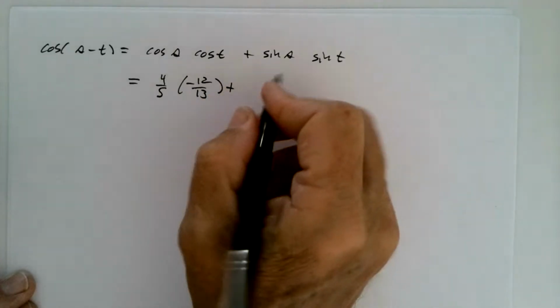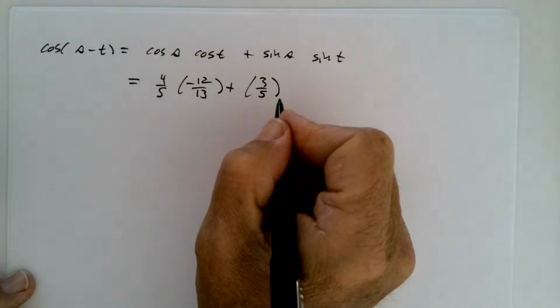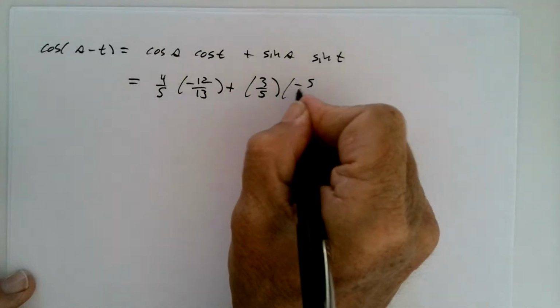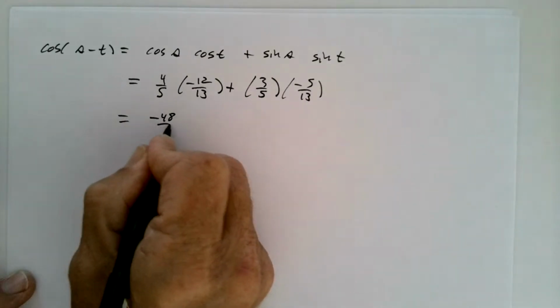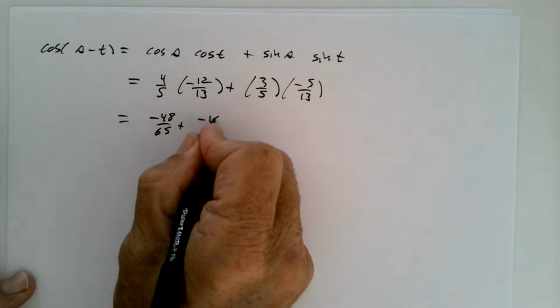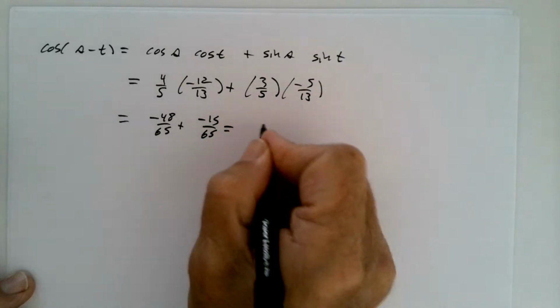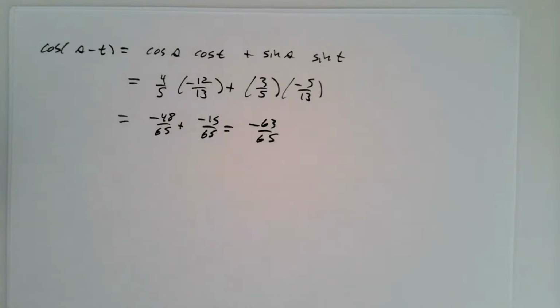Plus sine S is 3/5 times sine t, which is negative 5/13. Which gives us negative 48/65 plus negative 15/65, which equals negative 63/65.